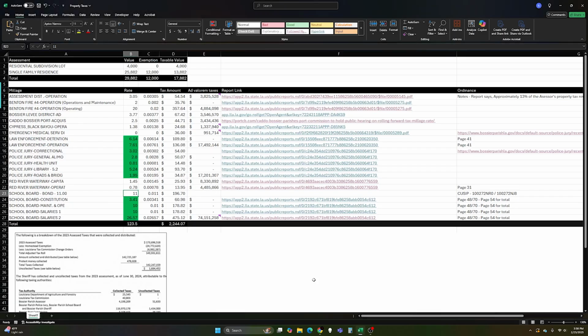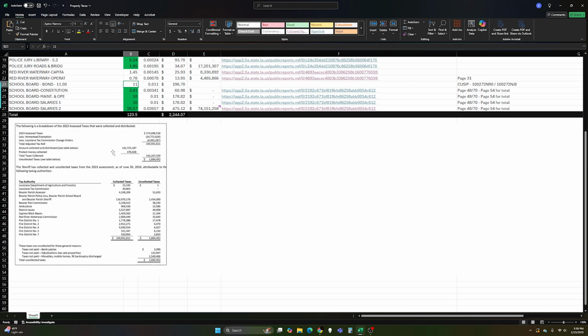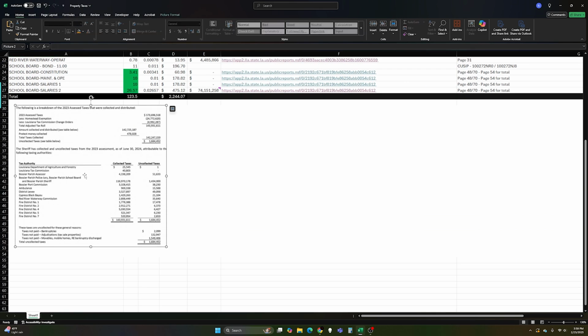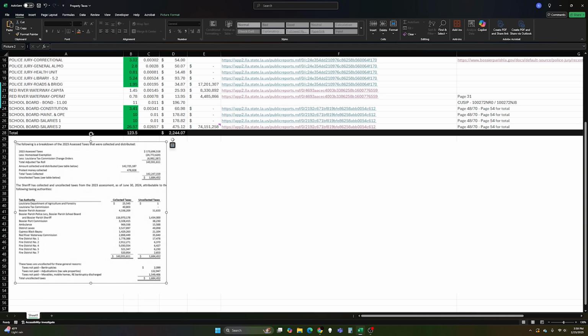So that is a breakdown of your property taxes. In the Bossier Sheriff's report, on one of the pages right here, it has a breakdown of the total taxes. That's a question that some people have. So it looks like the assessor collects about 173.7 million in taxes, less the homestead exemption. That takes about 24 million, which seems low.